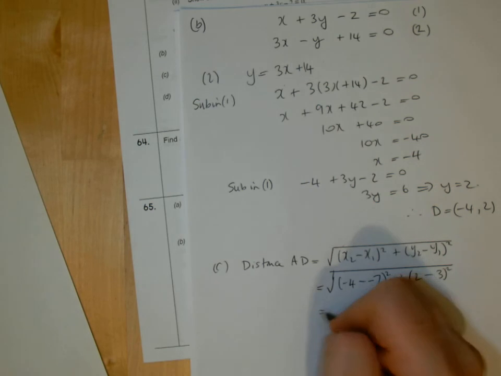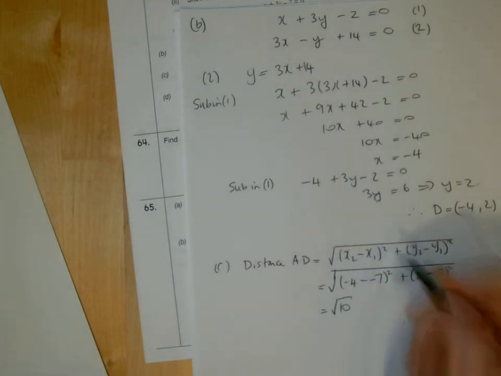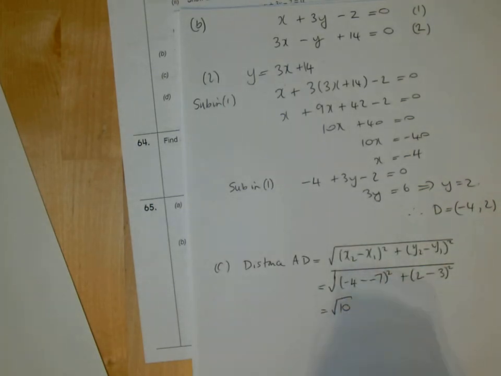Okay, so on my calculator I'll work that out. So that comes out to be the square root of 10 there, okay? So that's the distance AD.